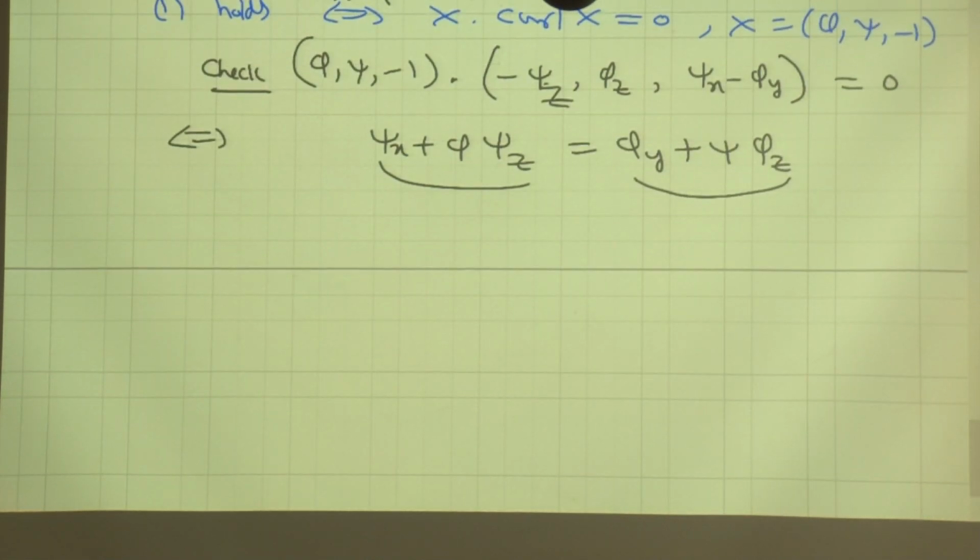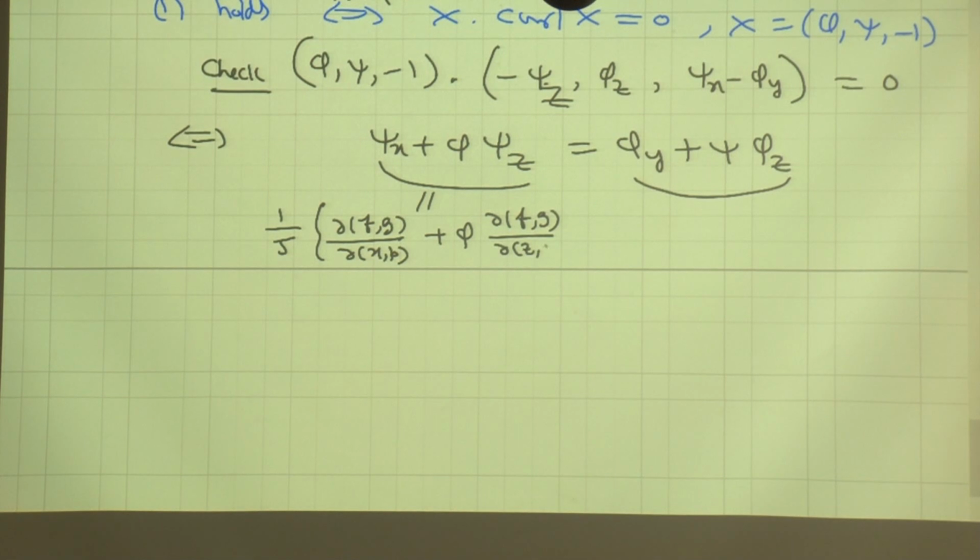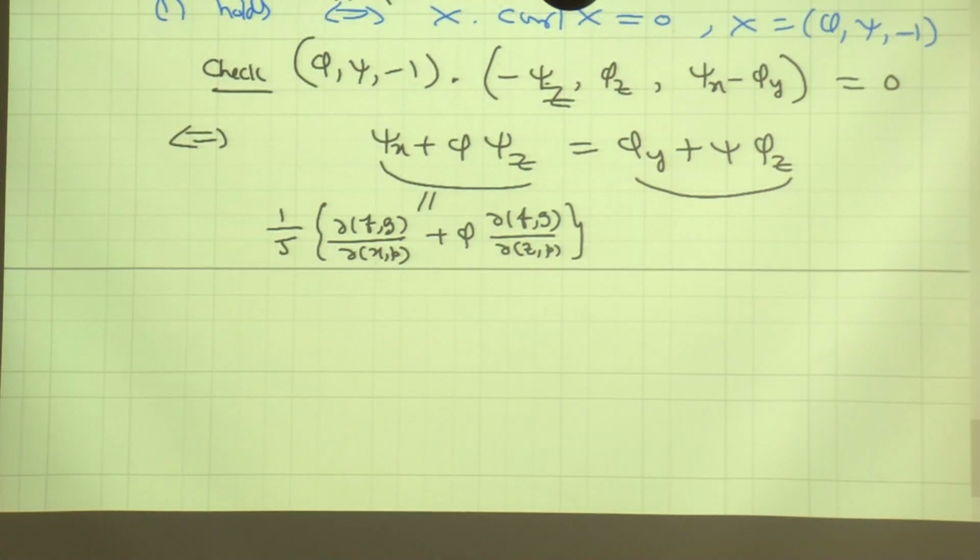What we are going to show is psi x plus phi y z, this LHS, is actually equal to, with j being non-zero used here, 1 by j will come somewhere, dou fg by dou xp plus phi times dou fg by dou zp.